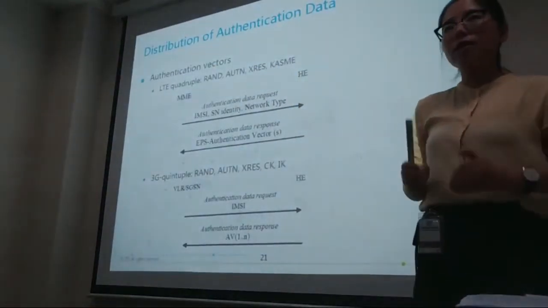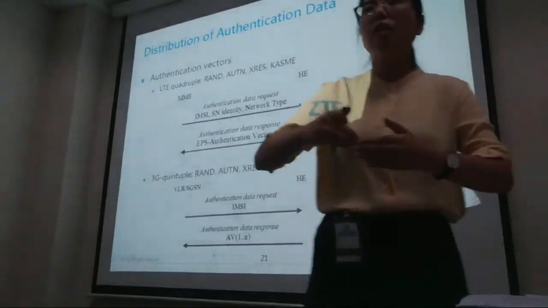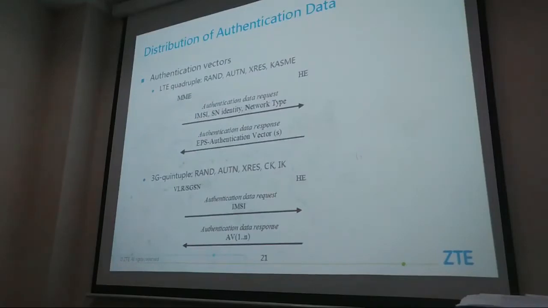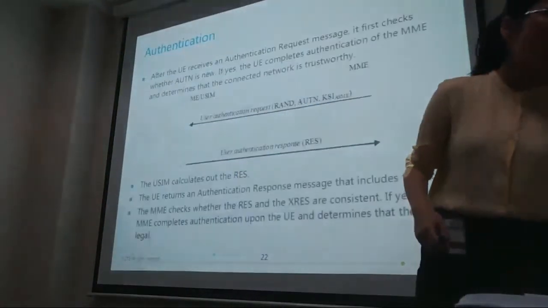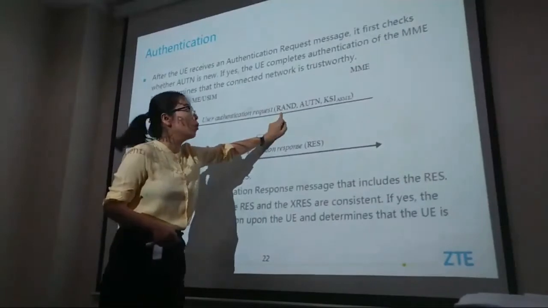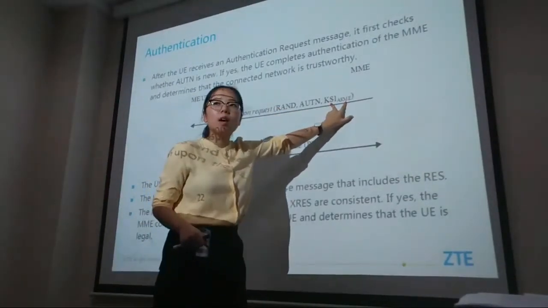So now the MME has received these from the HSS. Now I need to do the authentication with the UE side, right? I need to send it to the UE. So which ones will we send to the UE? I will send the UE the RAND value, the AUTN value, and the KSI ASME value.